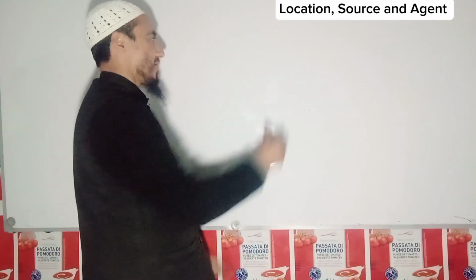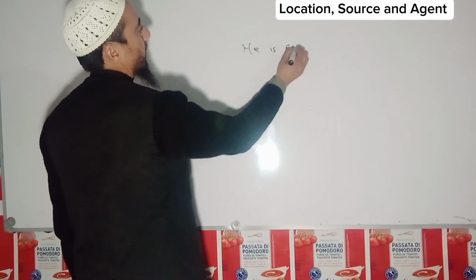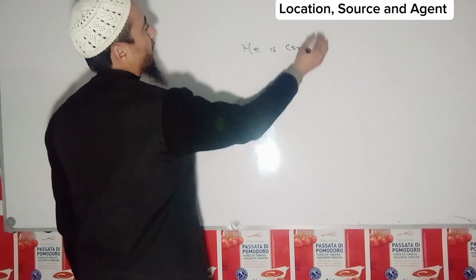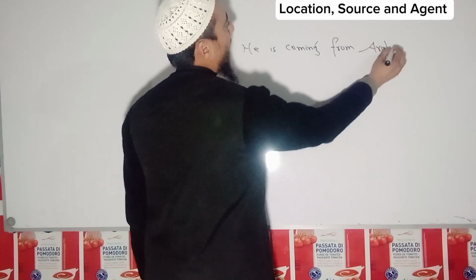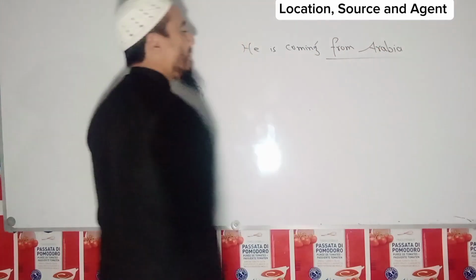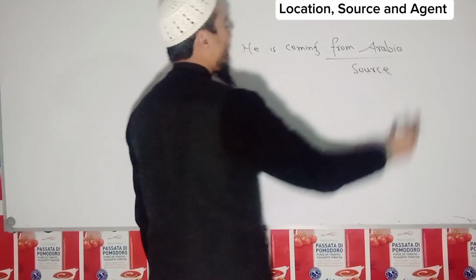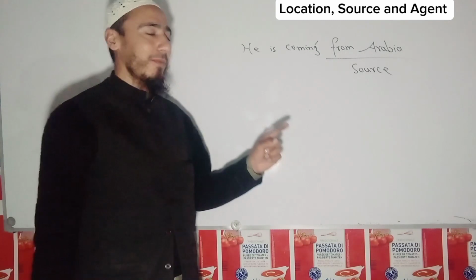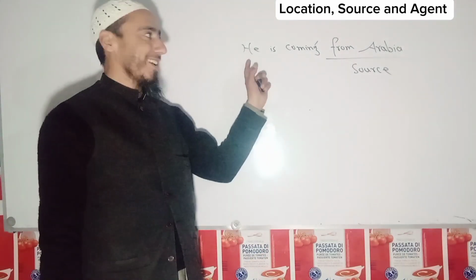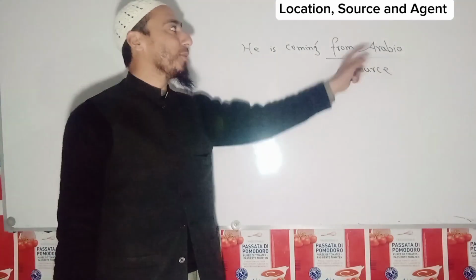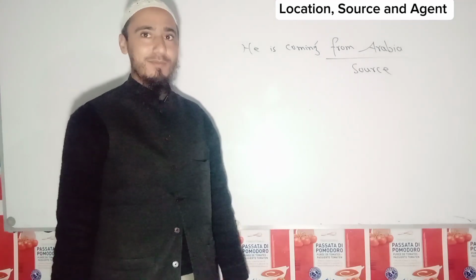For example, if I say he is coming from Arabia. So this from Arabia is actually source, because here it refers to a place where an entity moves from. So this is an entity and this entity moves from what? From Arabia. So that is why it's a source.